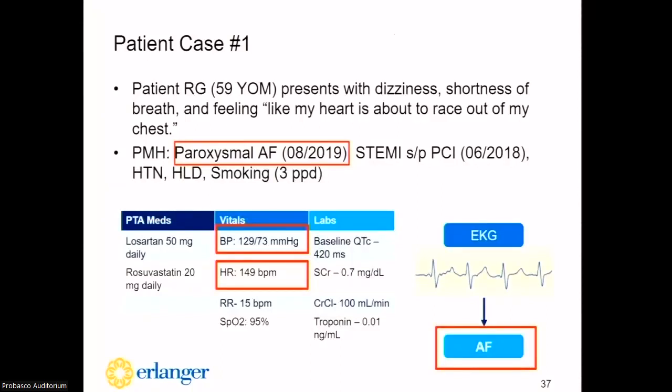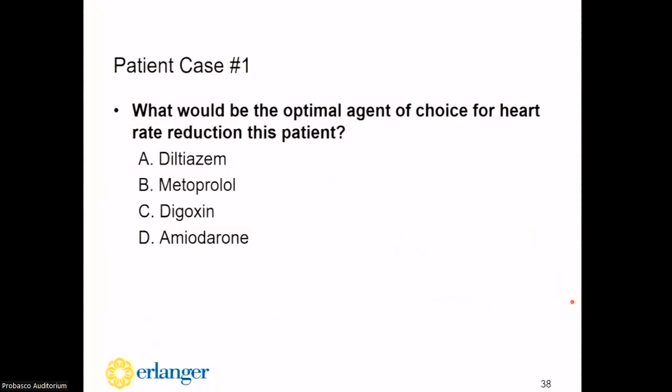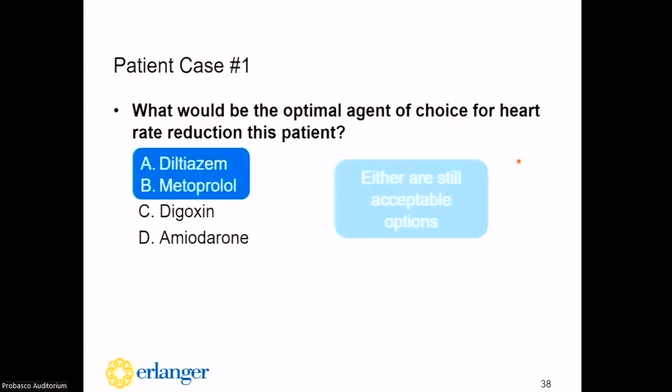So coming back to our patient, as far as which agent we might pick for them, blood pressure is pretty good, heart rate 149, we know they're in atrial fibrillation. So which agent would we lean more towards picking? It's kind of a trick question. Either of them would still potentially be acceptable options.